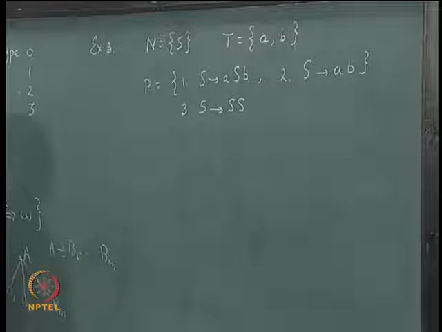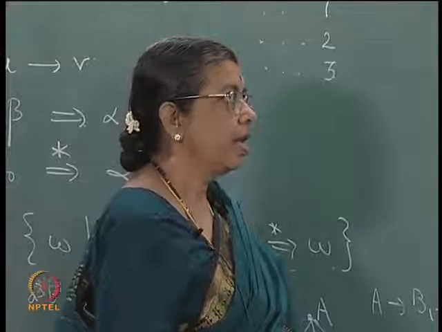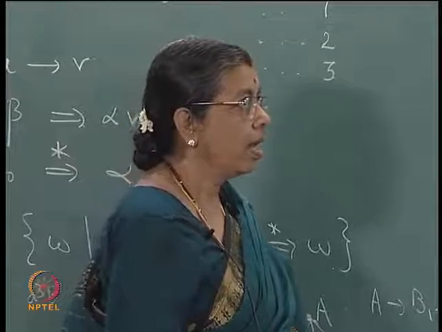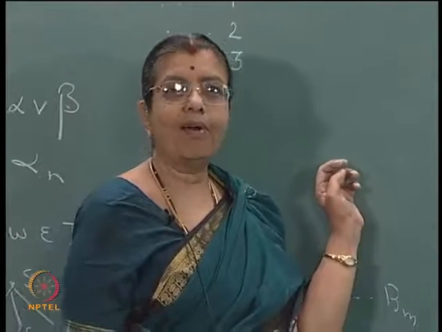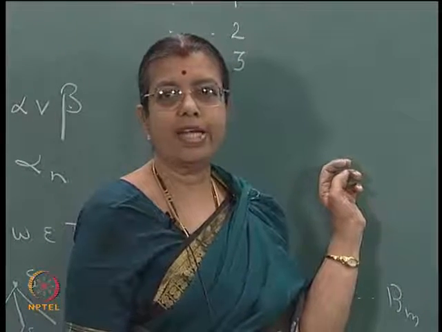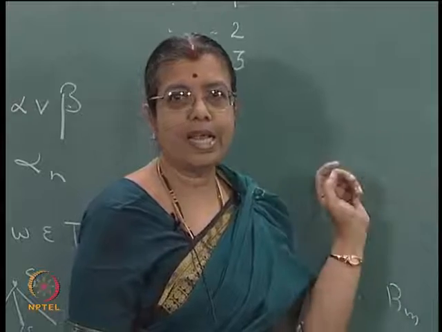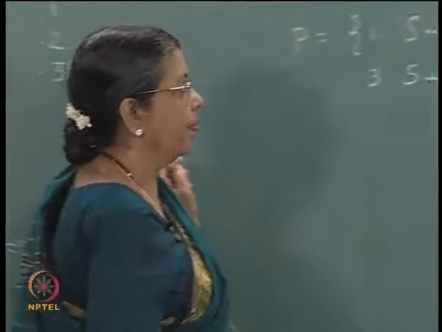One more rule is there, this S goes to SS. With this additional rule, what is the language generated? What types of strings are generated by the grammar?